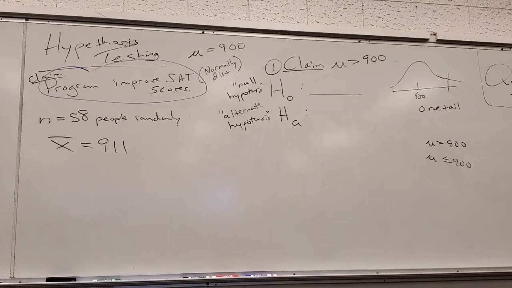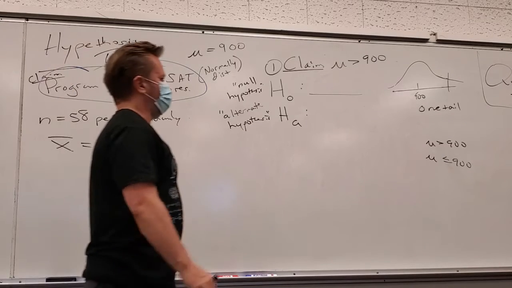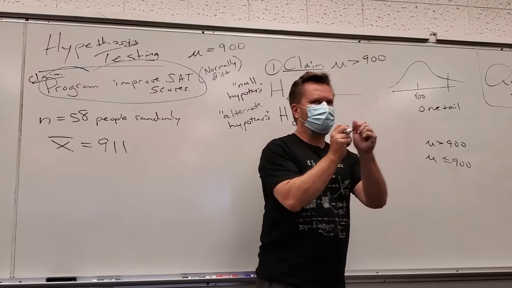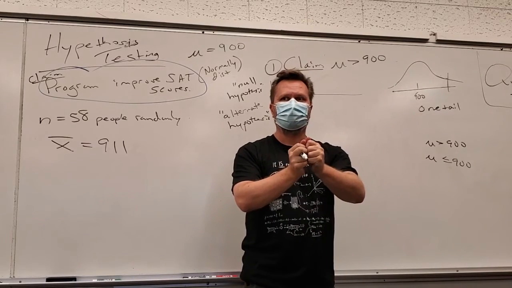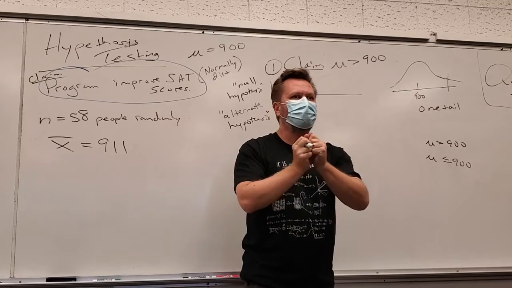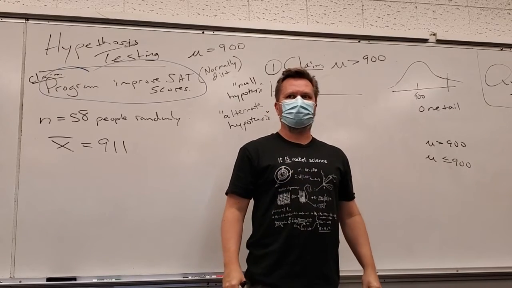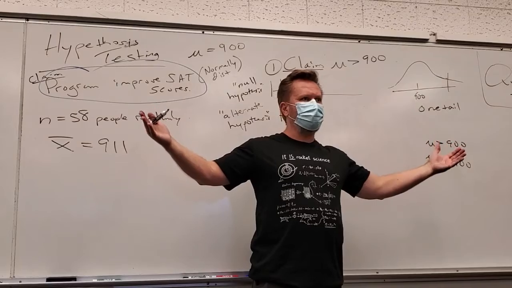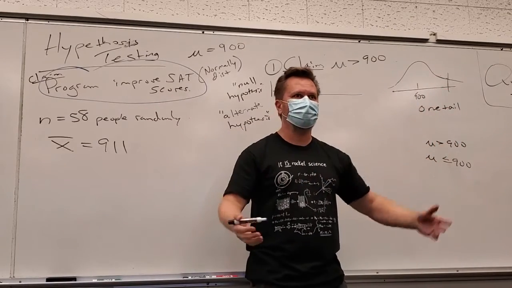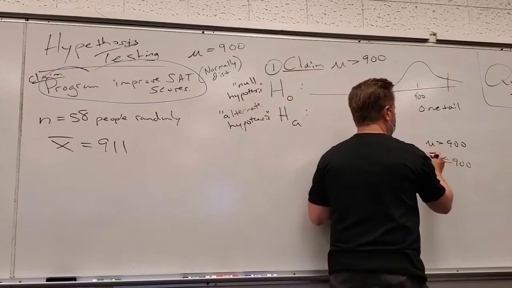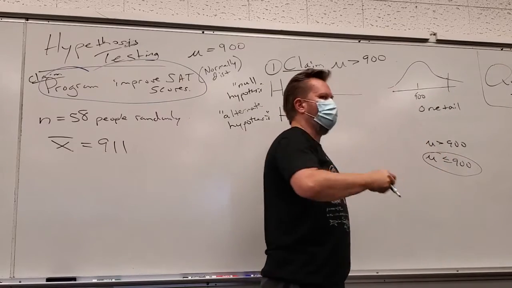No, you can't prove anything with a sample. Any statement that has an equal in it, I can never show evidence for with a sample. Just because my sample mean is equal to something doesn't mean anything, because the sample has normal fluctuations in it.